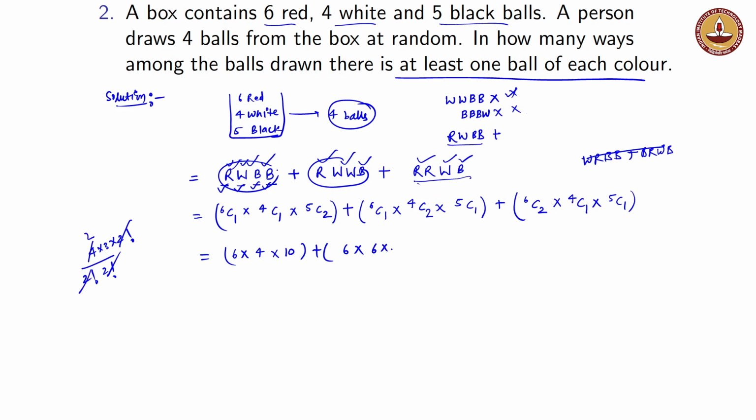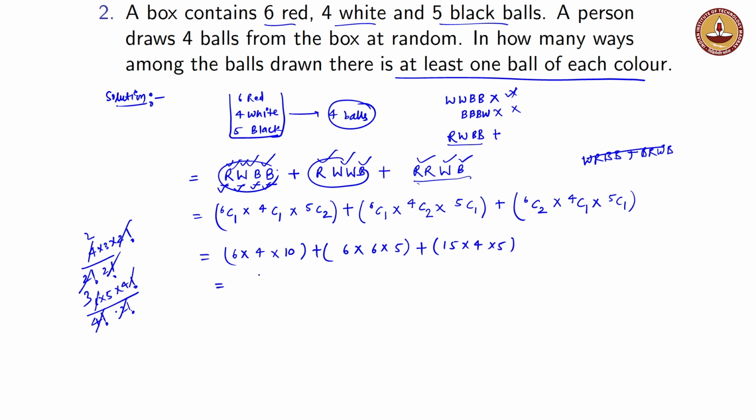So 6 into 5C1 will be 5, then 6C2 will be 6 factorial, that is 6 into 5 into 4 factorial, divided by 4 factorial times 2 factorial. The 4 factorial will get cancelled out, and 2 times 3 will be 6, so it will be 15. 6C2 will be 15 into 4 into 5.